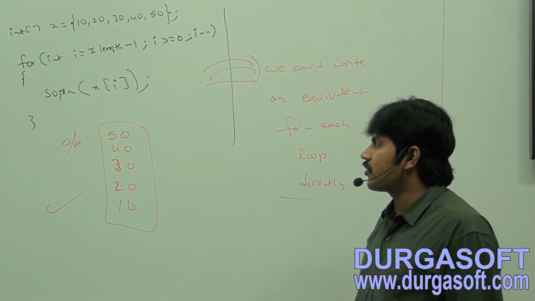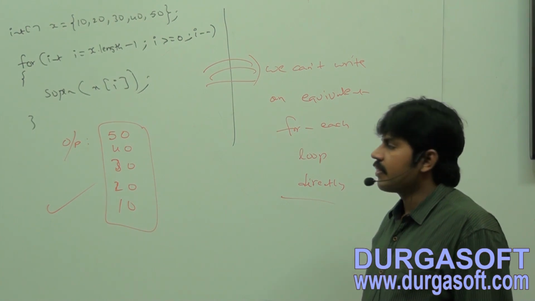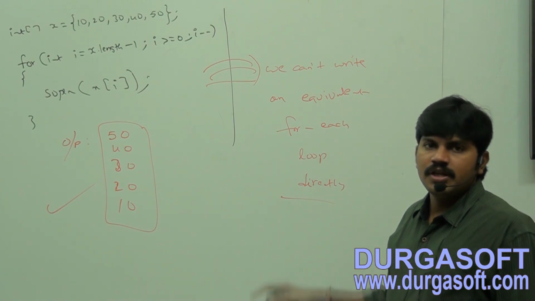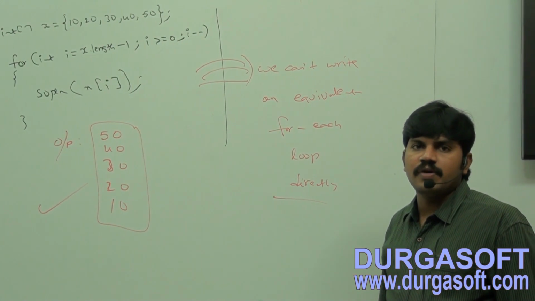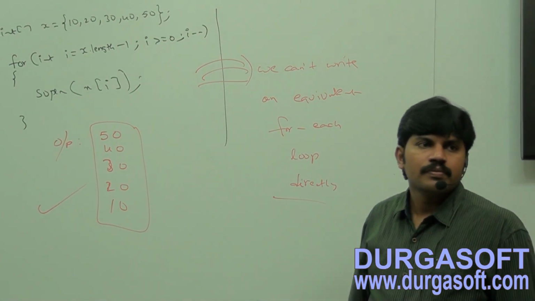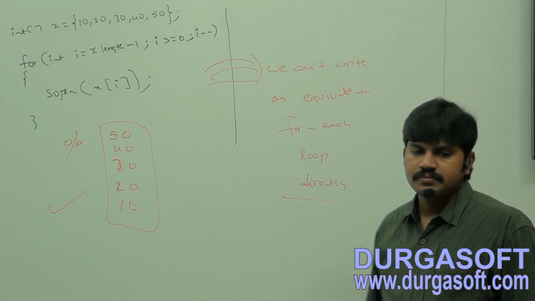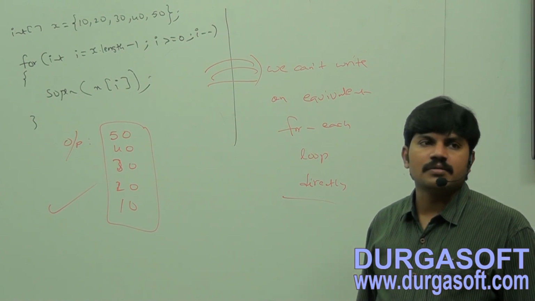The output by default you are going to get is 50, 40, 30, 20, 10. But we can't write an equivalent for each loop directly. Get that comment. That's all.